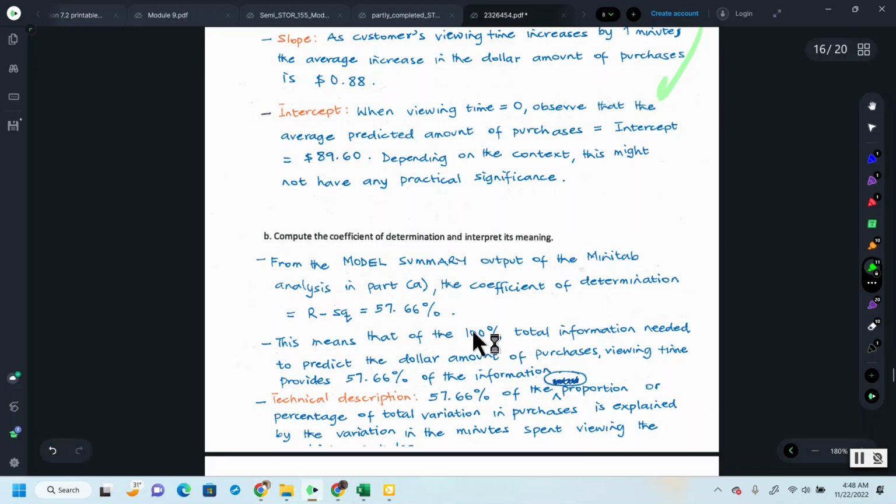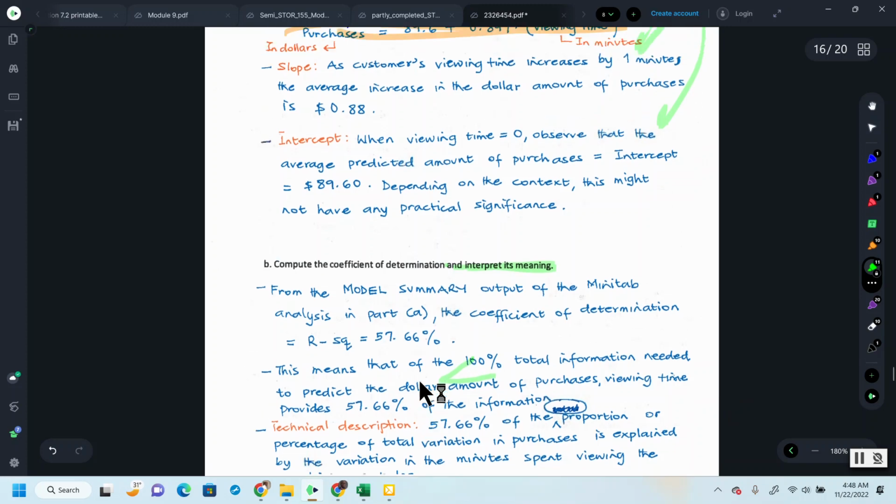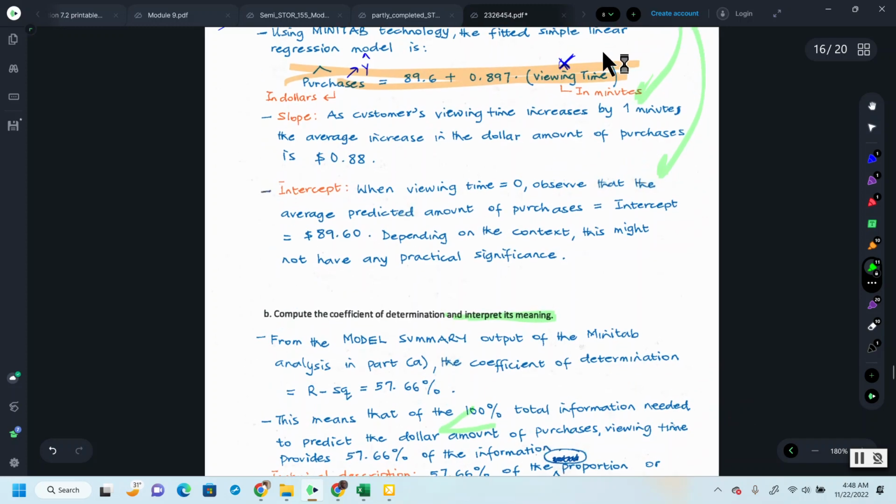57.66%. So this means that of the 100% total information you need in order to predict your Y variable, 57.66% of that amount of information comes from viewing time. So viewing time provides 57.66% of the information you need to accurately predict purchases.